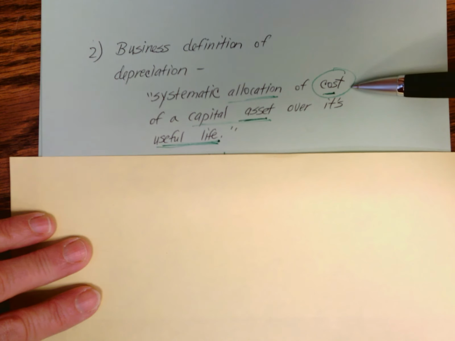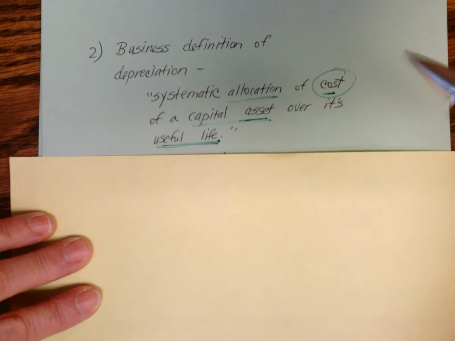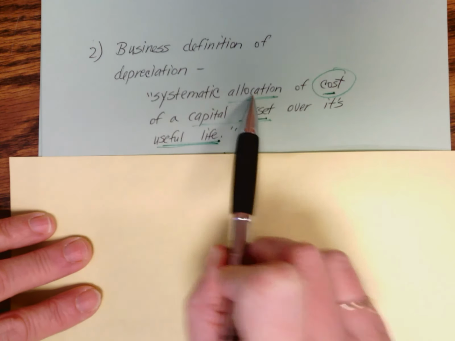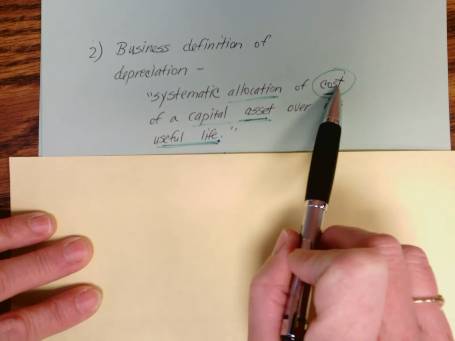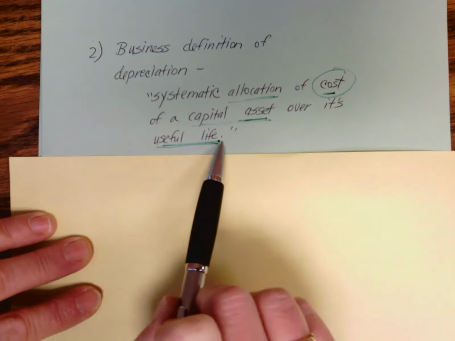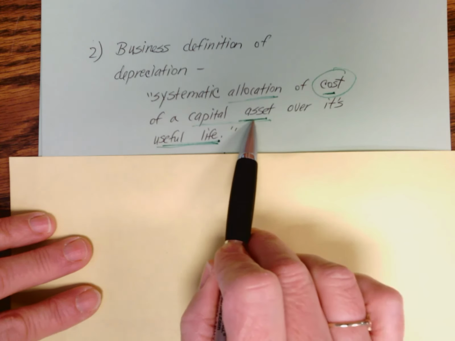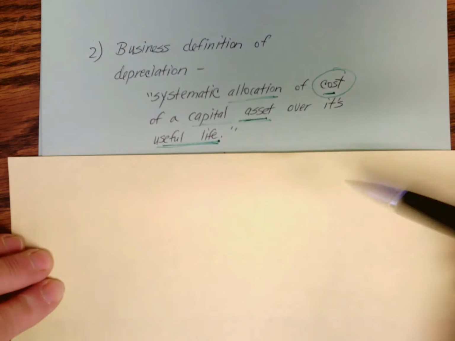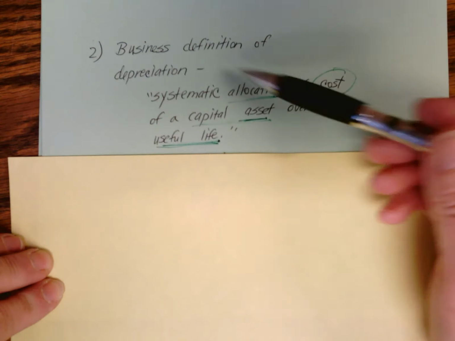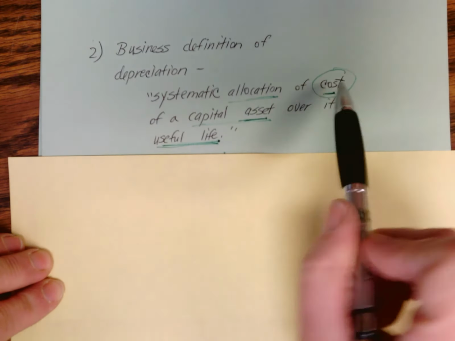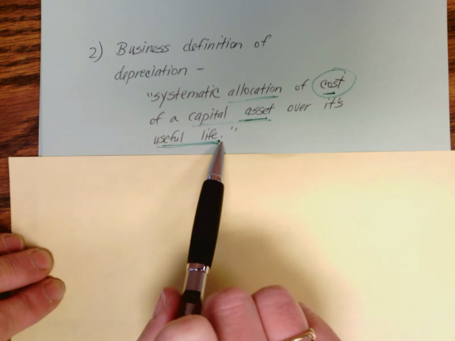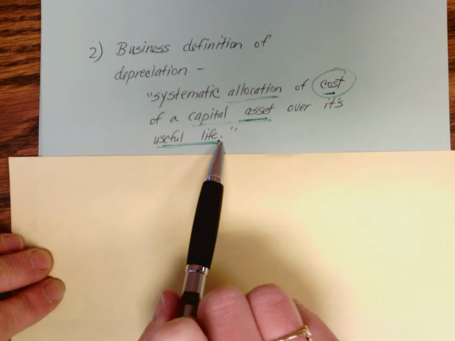So the original cost of the asset divided by its useful life, or some other systematic allocation of that asset's original cost over the time that it's used to produce goods and services that will be sold. So all of these assets we're assuming are used to produce sales revenue, and the depreciation expense is simply writing off the original cost of that asset over the time that that asset is producing revenue.